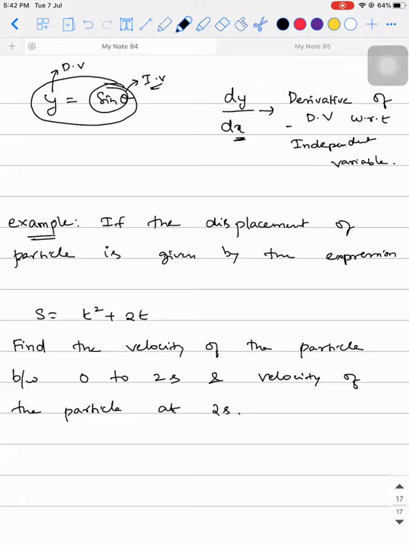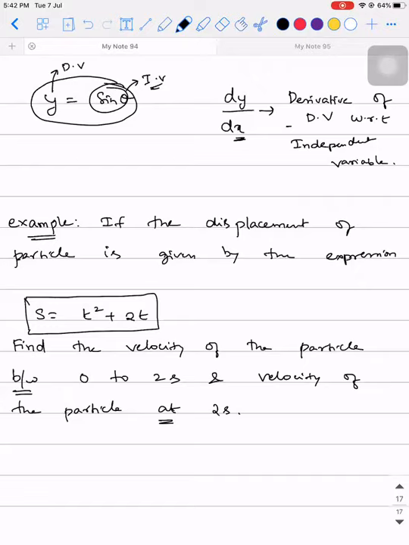So what is given in the question? The expression for S is given, S is equal to t square plus 2t. So what does the first part of the question mean? What velocity are they asking? Yesterday I told you one important point.